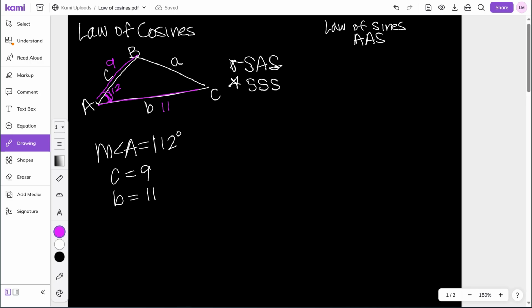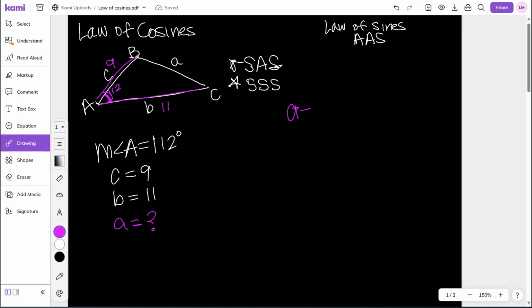Since we're using angle A, we're trying to find side A right now. Since we're using law of cosines, here's the formula for that.